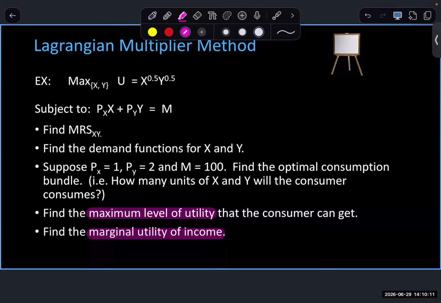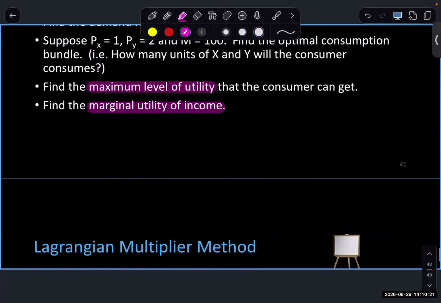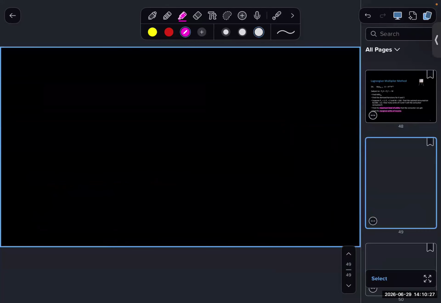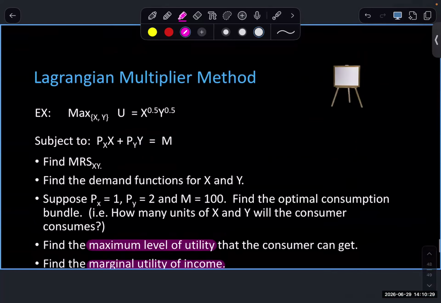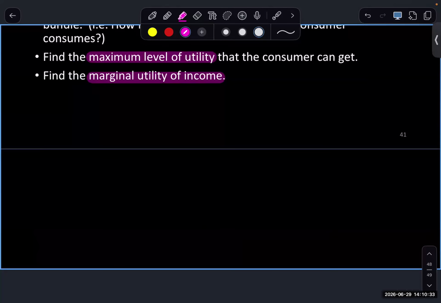How do we solve this question? Do you have any idea? Okay, what is step one? Remember, we need to write down the Lagrangian.